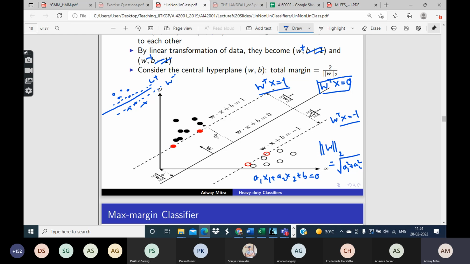So after doing this transformation of plus 1 or minus 1, which was not really important, we can understand that this margin, which we call gamma plus, is equal to 1 by the L2 norm of W. Similarly, the margin on this side, which we call gamma minus, is also equal to the same thing, 1 by the L2 norm of W. Okay, so both the margins are now equal.